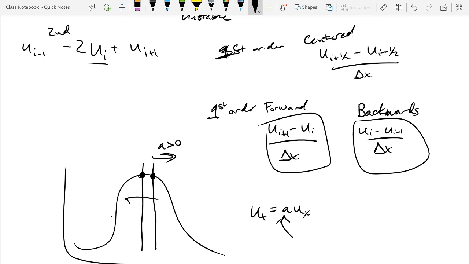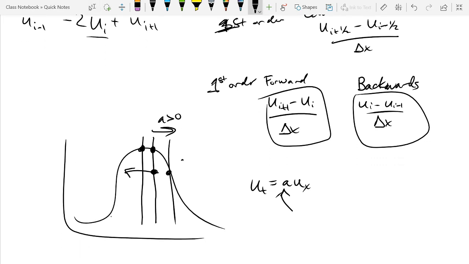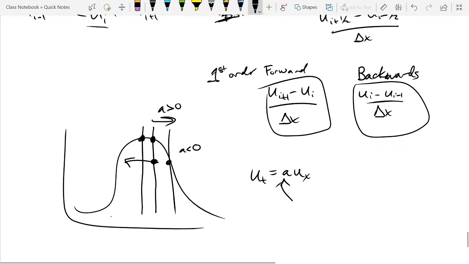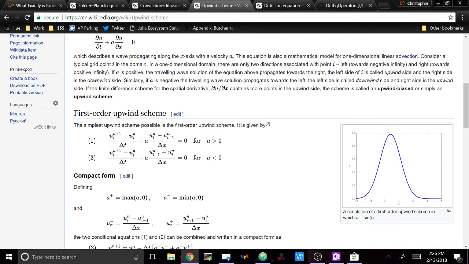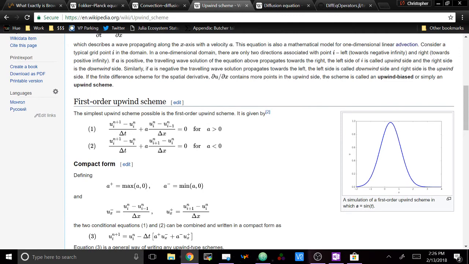When you're moving in the other direction, you want to make this point here be the value that you used to have over here. That's another way of saying you're walking backwards. But you walk backwards when you have a less than 0. And so the upwind discretization scheme is just: when a is greater than 0, you use backwards differencing, and when you have a less than 0, then you have forward differencing.